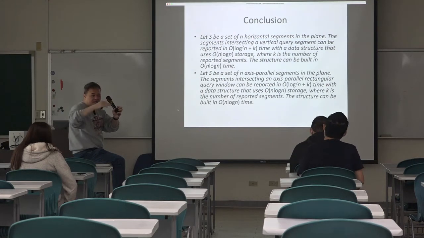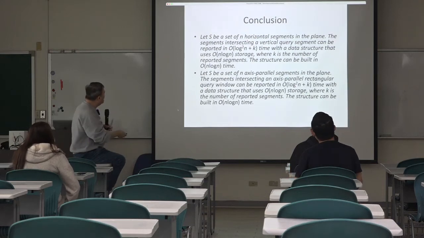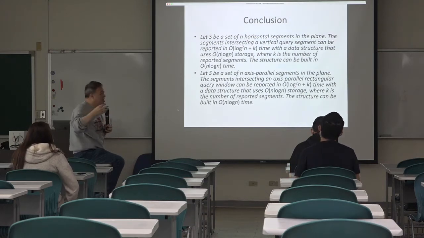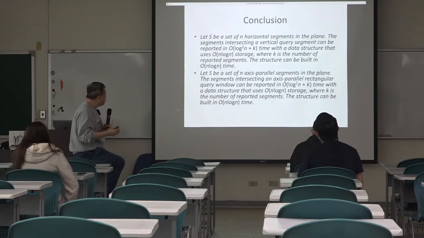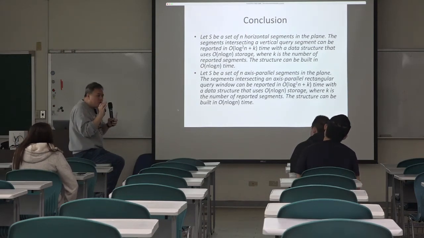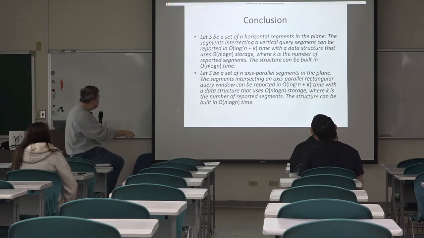It's caused by the third case and part of the fourth one. It's caused by the combination of the interval tree and the range tree. And if we are able to find a way to further reduce this time complexity, then we may be able to reduce this one to log n plus k, right?